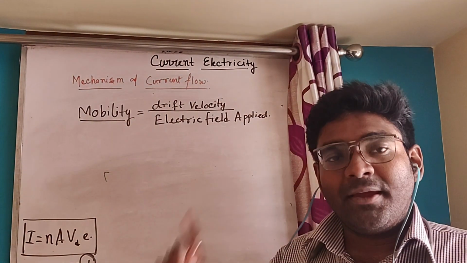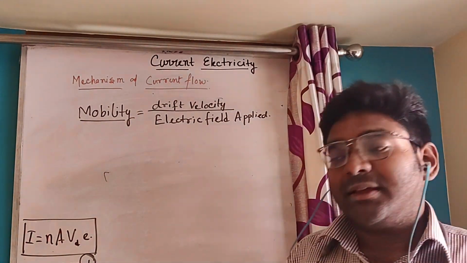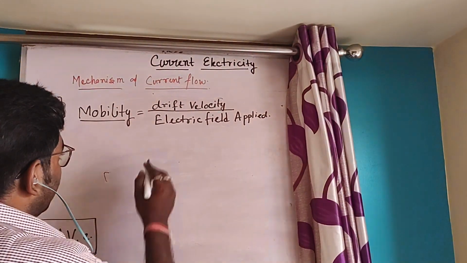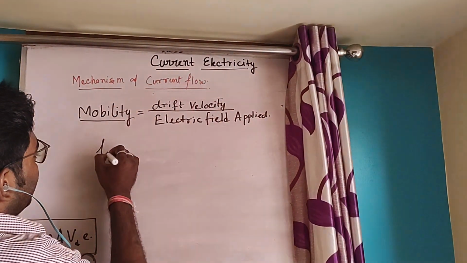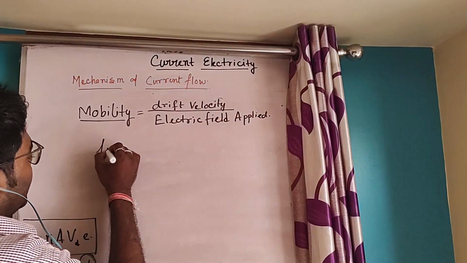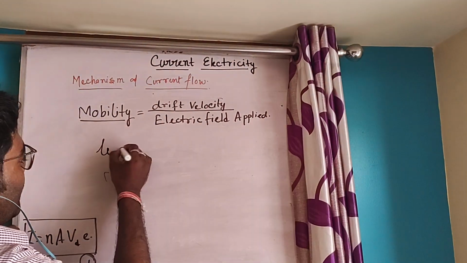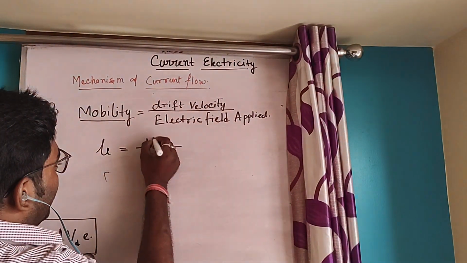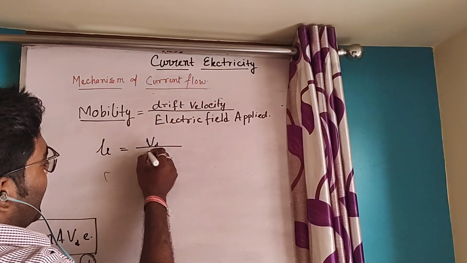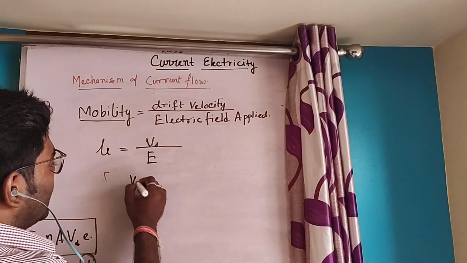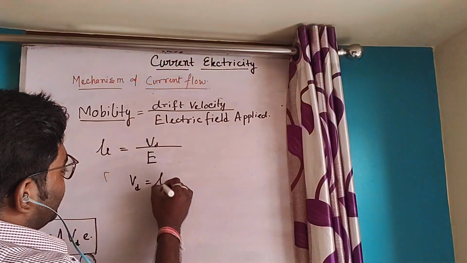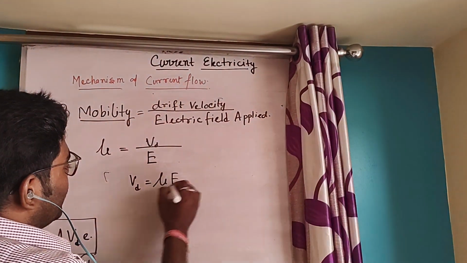This is defined by mobility. The mobility is denoted by mu. And we know that drift velocity is Vd and E. So Vd can be written as mu into E.